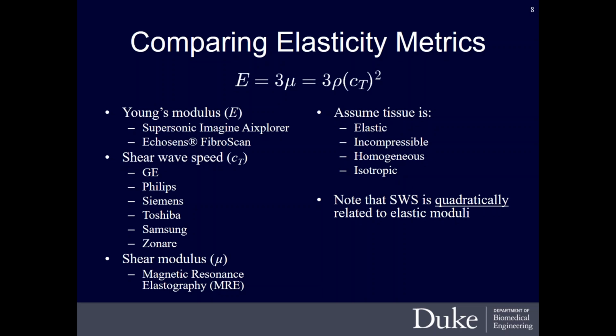A big one is that we consider the tissue incompressible. So we assume that water is the primary constituent of a lot of these tissues and that its overall volume is maintained under deformation. And we assume that the tissue is homogeneous and isotropic. So we assume that it's the same everywhere that we're characterizing it and that it's independent of the orientation by which we characterize it.